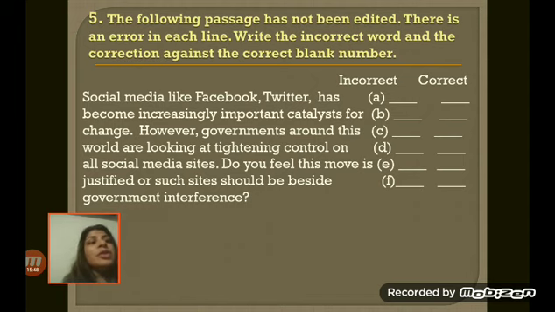ठीक है. Do you feel this move is justified? Do you feel this move is justified, or such sites should be beside government interference? मुझे ऐसा लग रहा है ये ई सेंटेंस में control over all social media sites.